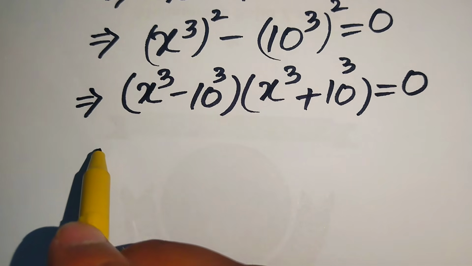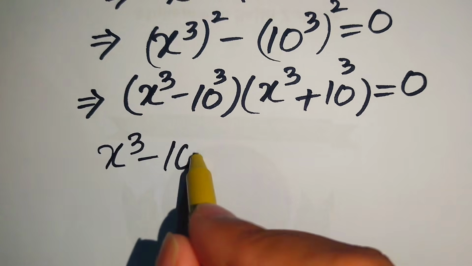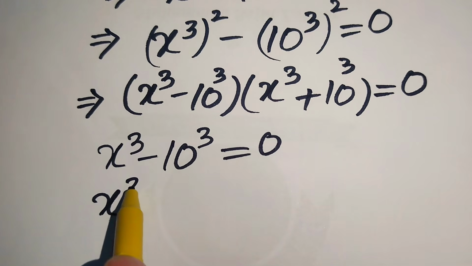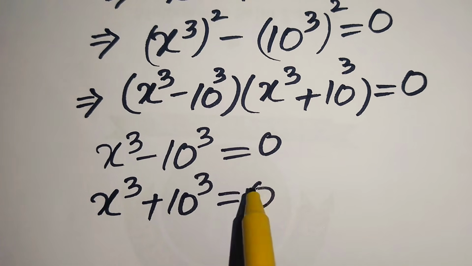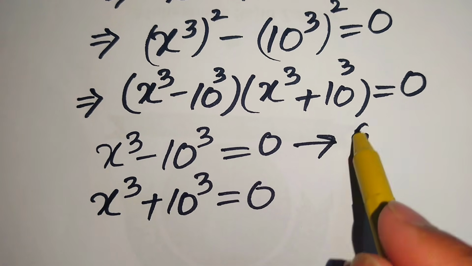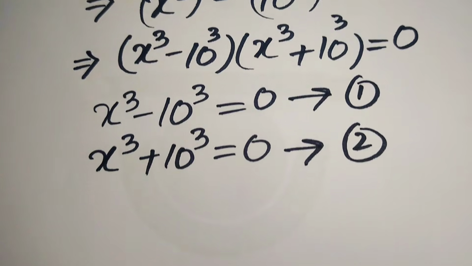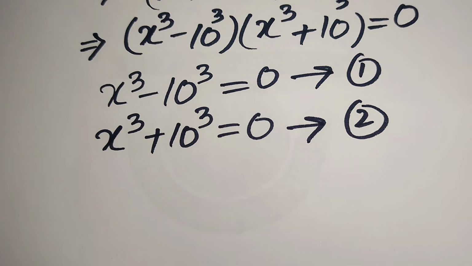Now we divide this into two cases. The first case is x^3 - 10^3 = 0, and the second case is x^3 + 10^3 = 0. We call this equation number 1 and this equation number 2, and we need to solve both of these equations.